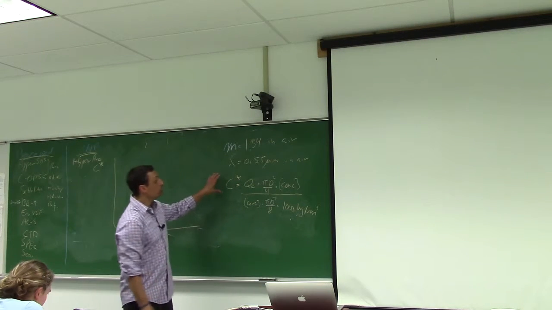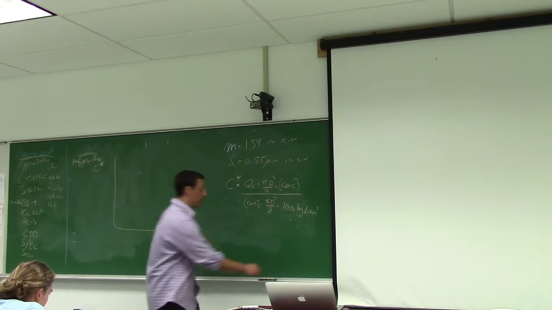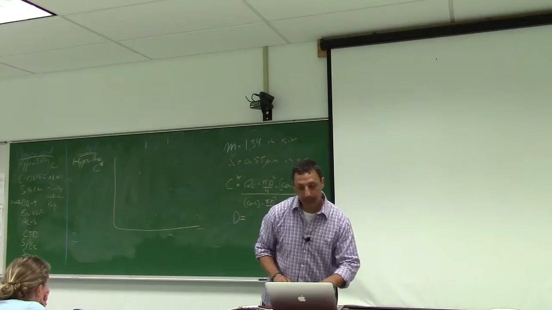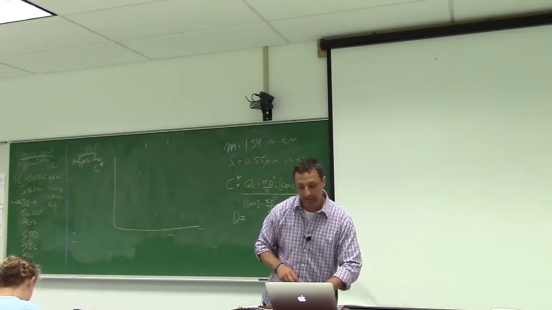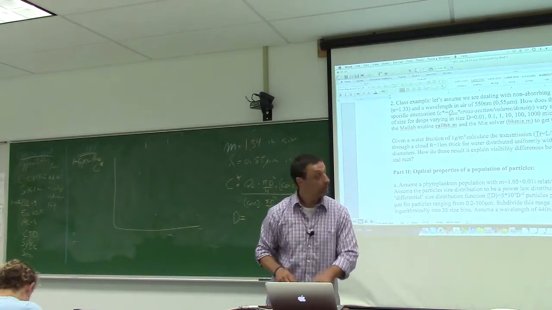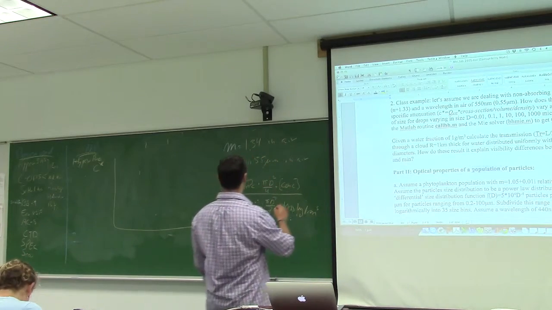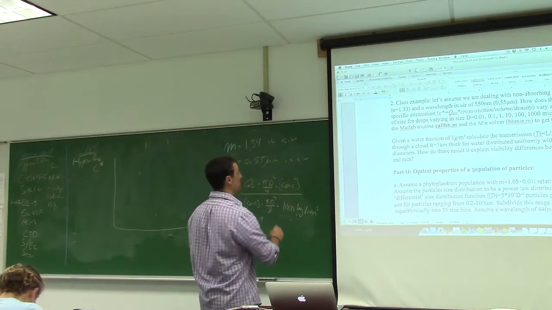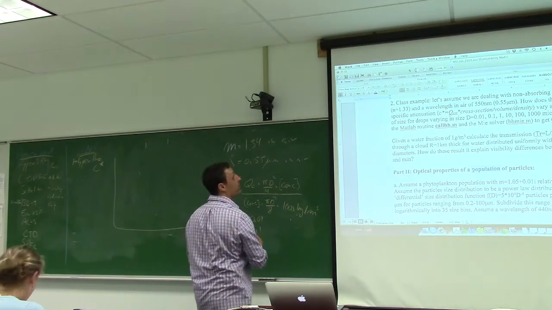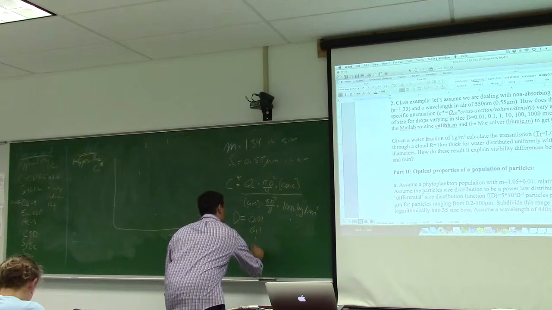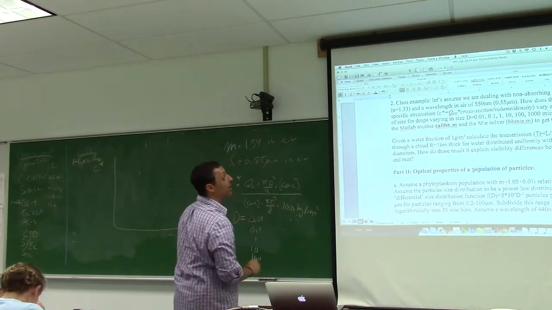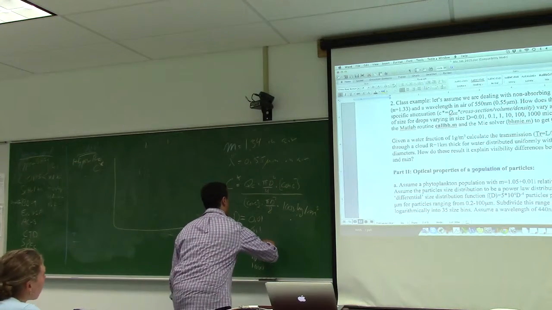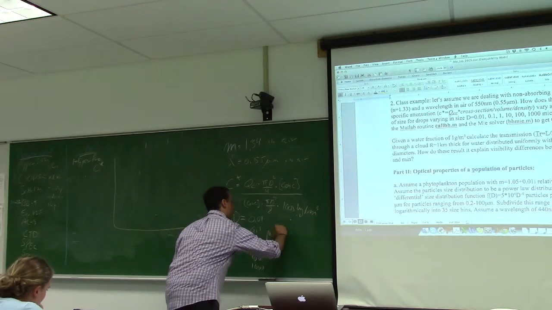Okay, so I want you to plot this for particles of the following sizes. D equals, and we'll write the values and then we'll plot it. So D is 0.01 micron, 0.1, 1, 10, 100, and 1,000 micron.